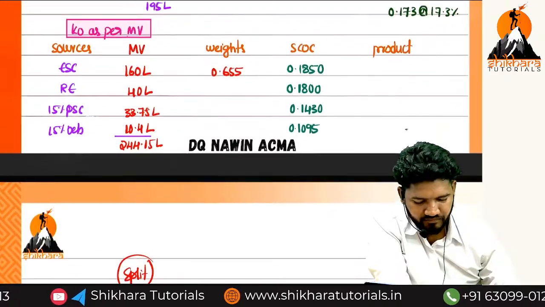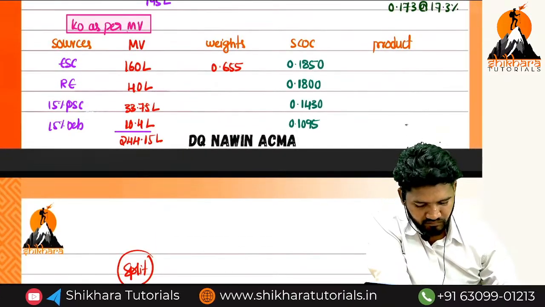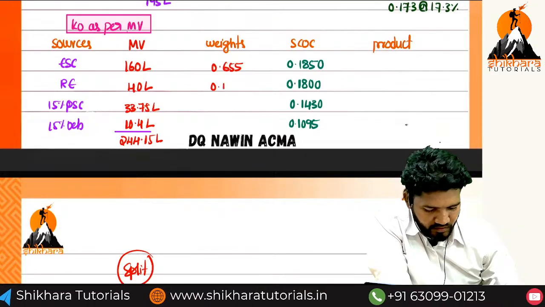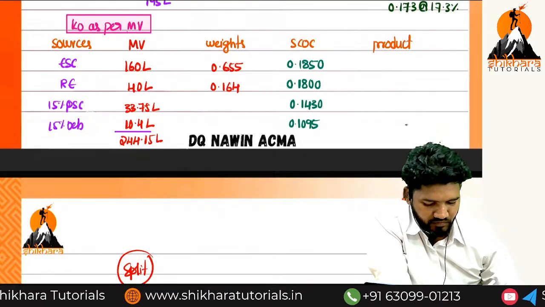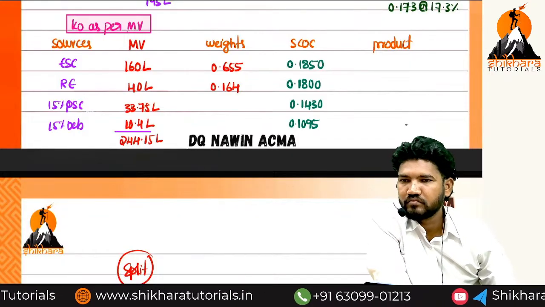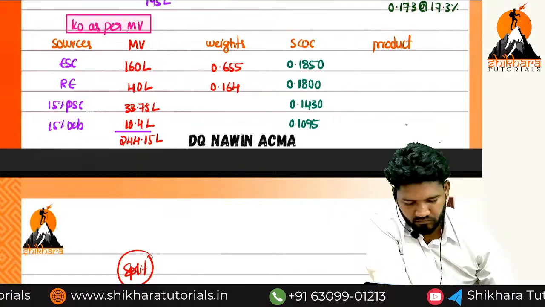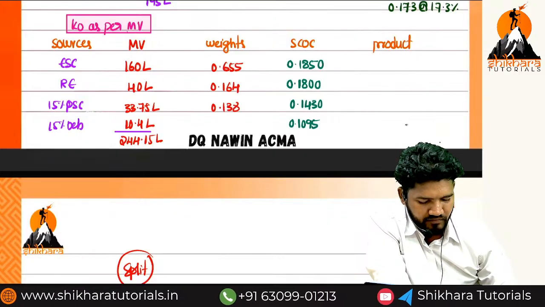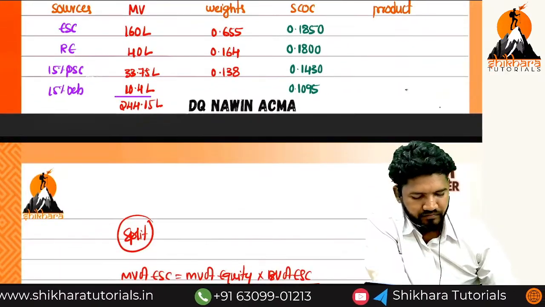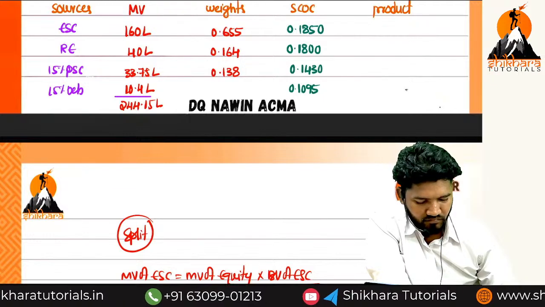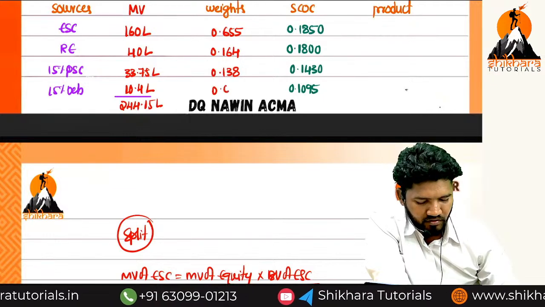Retained earnings 0.164. Next. 0.138. Debenture.